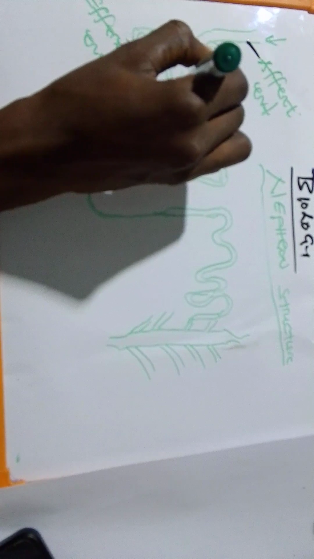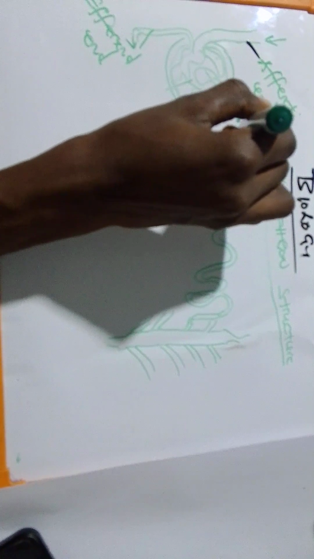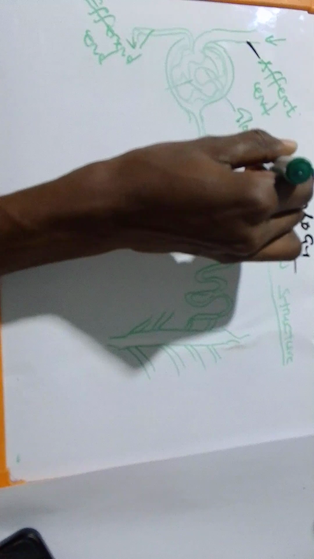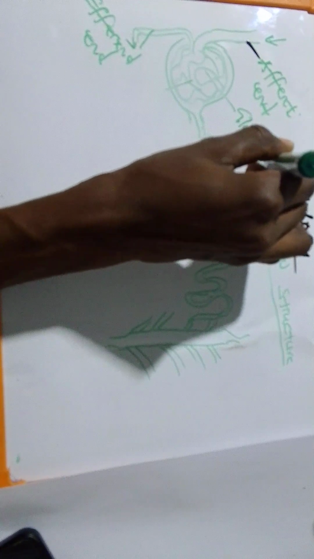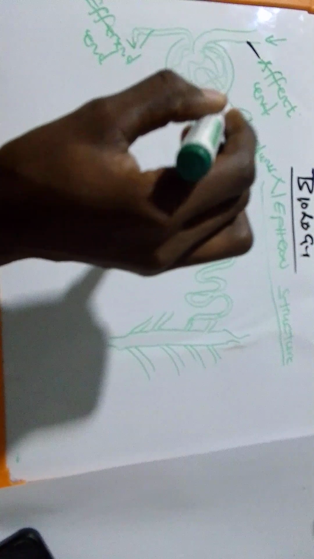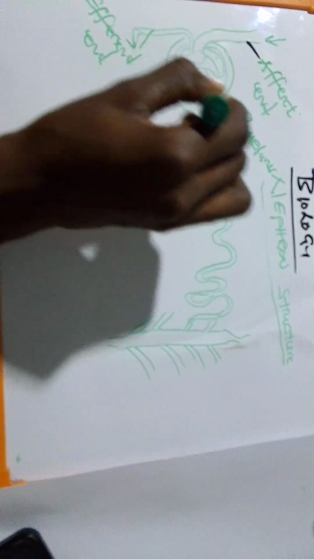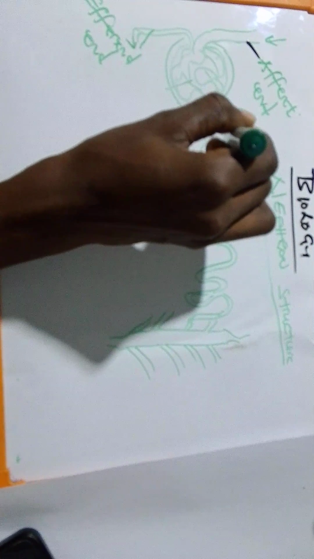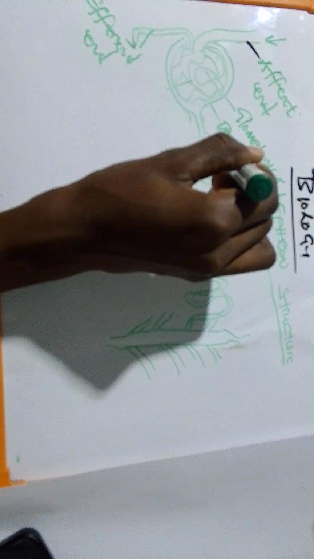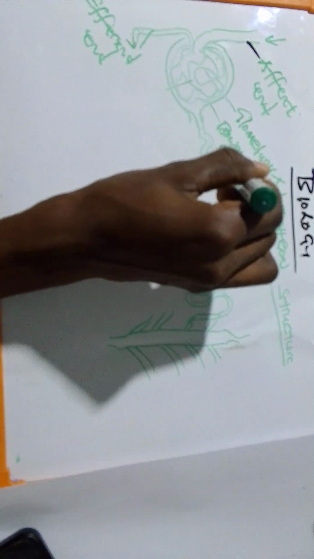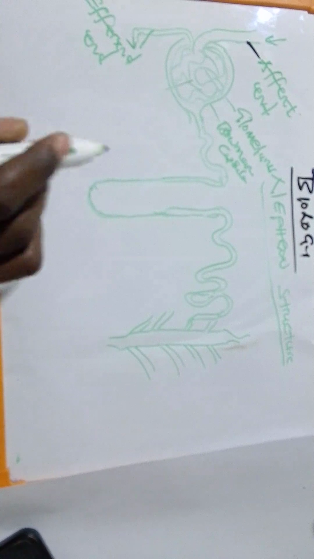Inside here, we have the glomerulus. Then here you have the Bowman capsule. This name originates from the person who discovered this process.